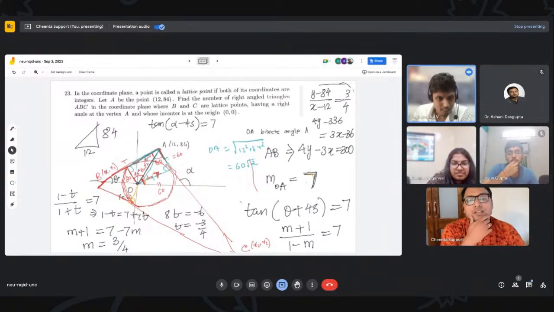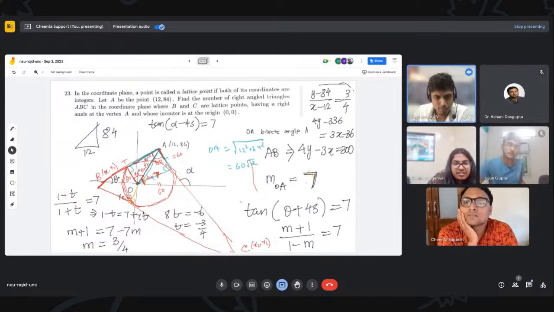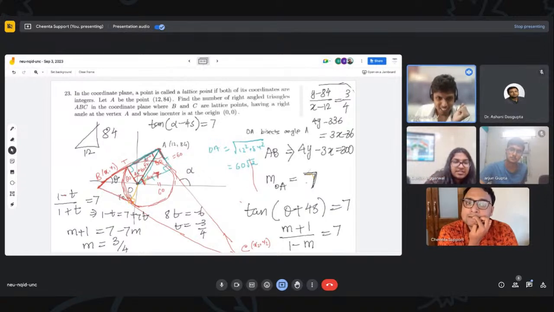The other slope should be negative 4 by 3, right? Alpha minus 45 is tan inverse 7. Oh, sorry, this is minus 7. Formula mistake.